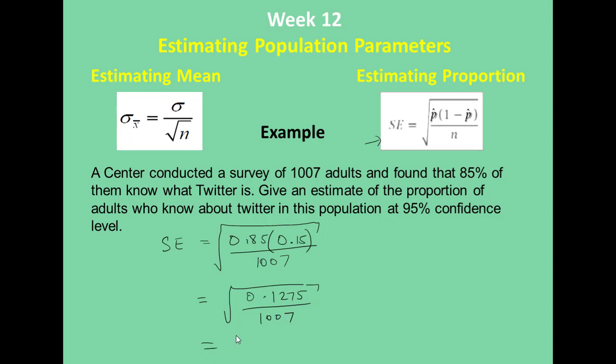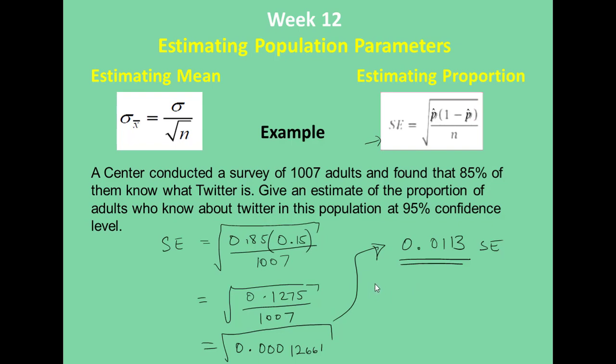If you work through the problem with a calculator, it will give you 0.00012661. If you take the square root of this number, you get 0.0113. Now that we have the standard error, we can apply the formula for the confidence interval.